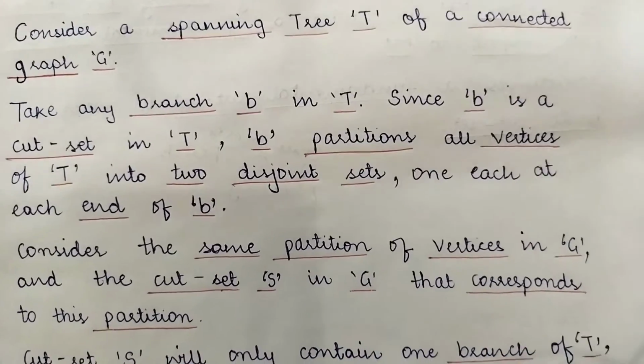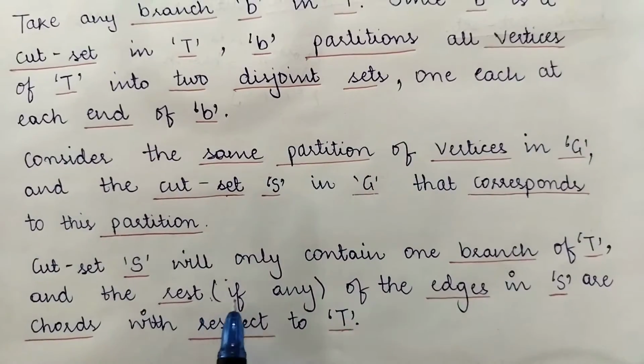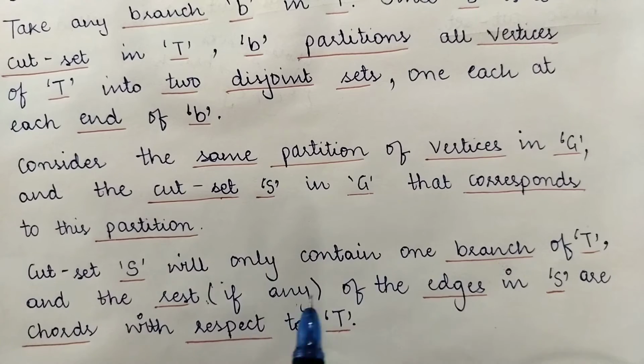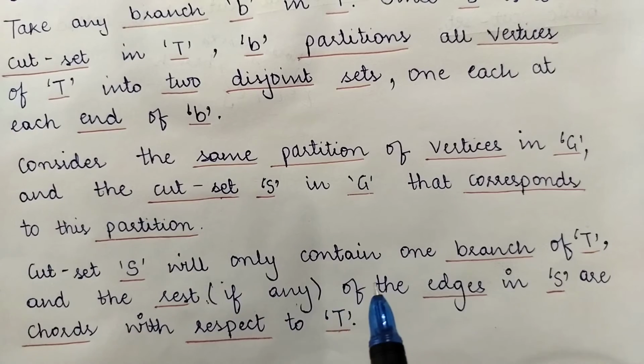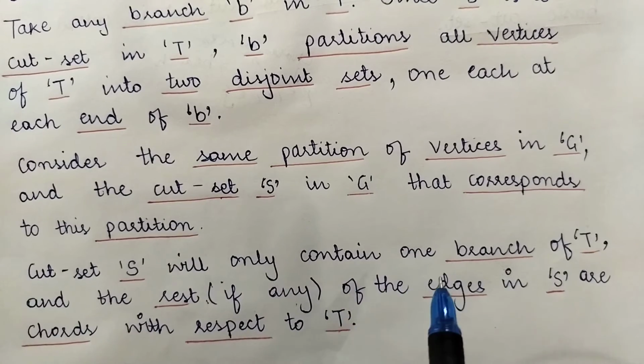And the rest of the edges, if any, I mean if at all more than one edge is required to form a cut set, because you know even a single edge can be a cut set for a graph, and in some situations a collection of 3 or 4 edges together can also be a cut set.